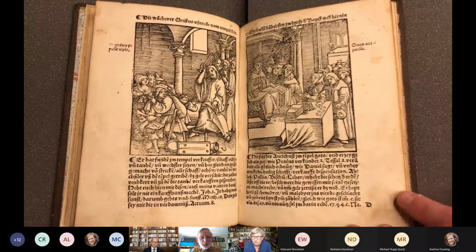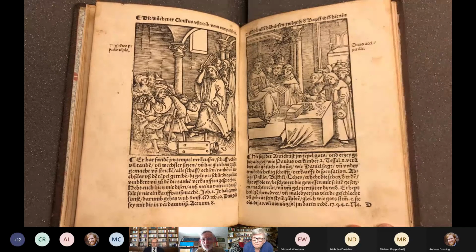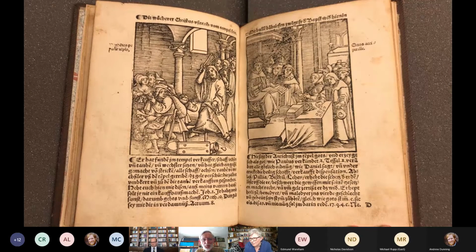And on the right-hand side, rhyming with that, "mit Bullen, Bannbriefen zwingt sie der Papst wieder hinein." So somebody driving it out and hinein, driving it into the money.